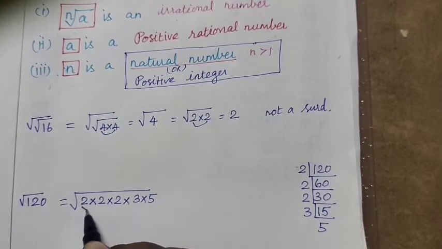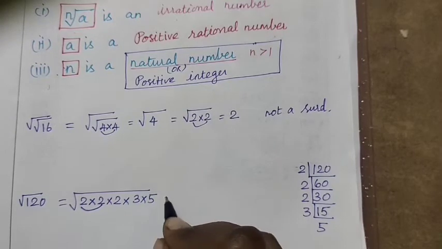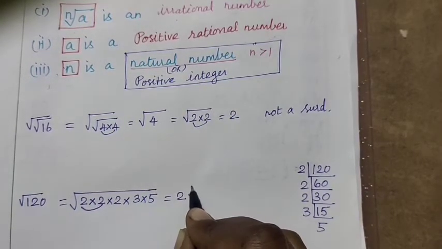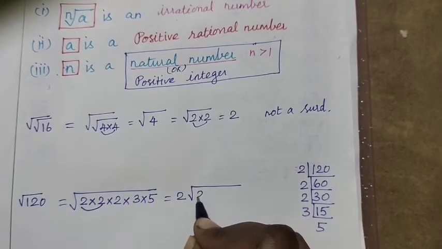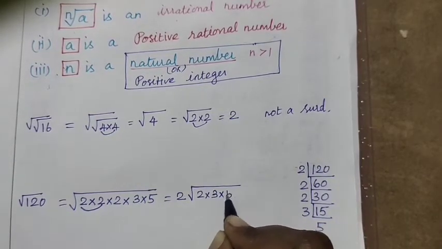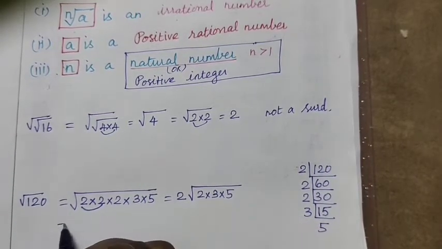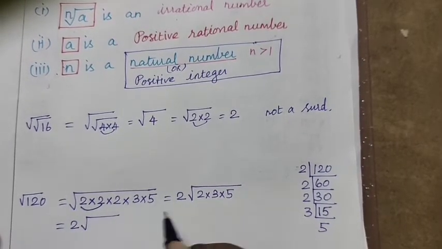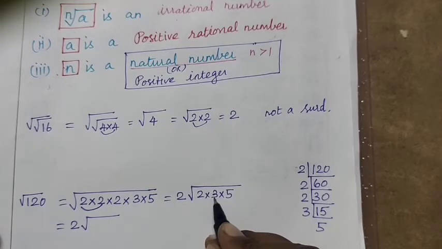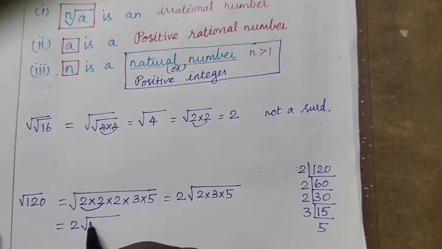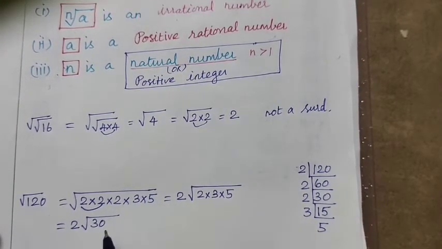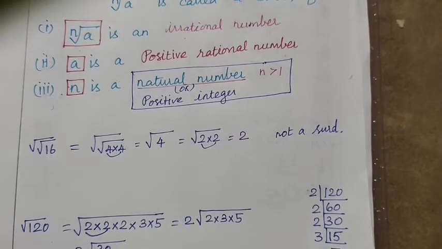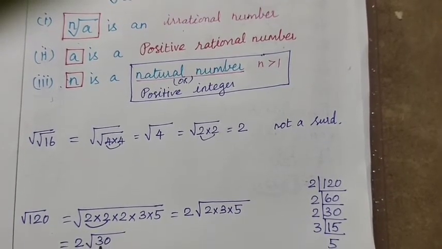See, among these two, you can write 1. 2 root of 2 into 3 into 5. 2 into 3 fives are 15, 15 twos are 30. Here the answer is 2 into square root of 30.